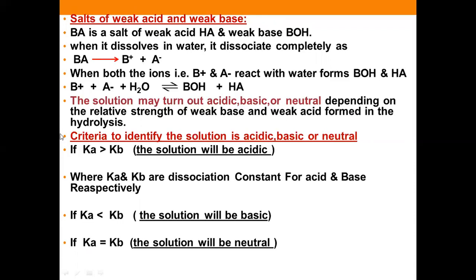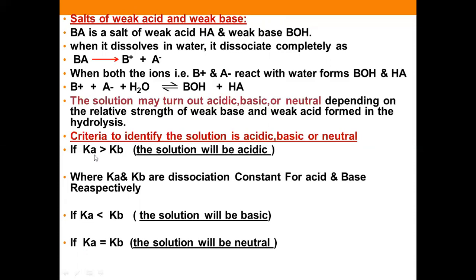Then next point, criteria to identify whether the solution is acidic, basic or neutral. Suppose here Ka is more than Kb. At that time the solution will be acidic. What is Ka and what is Kb?